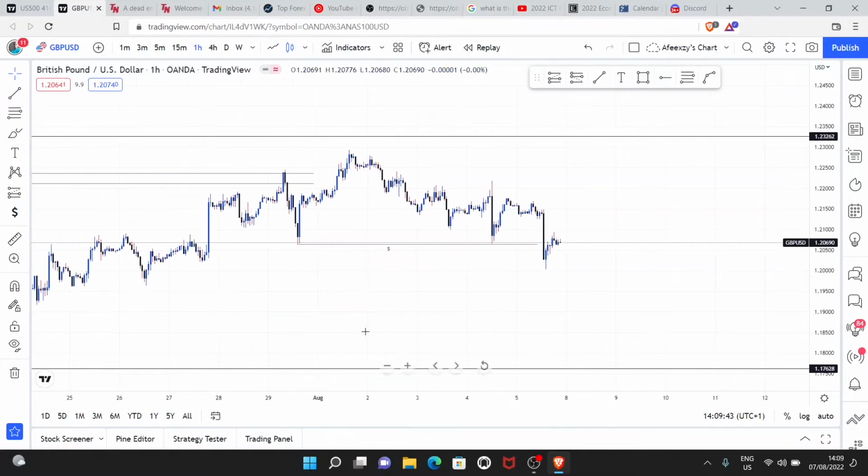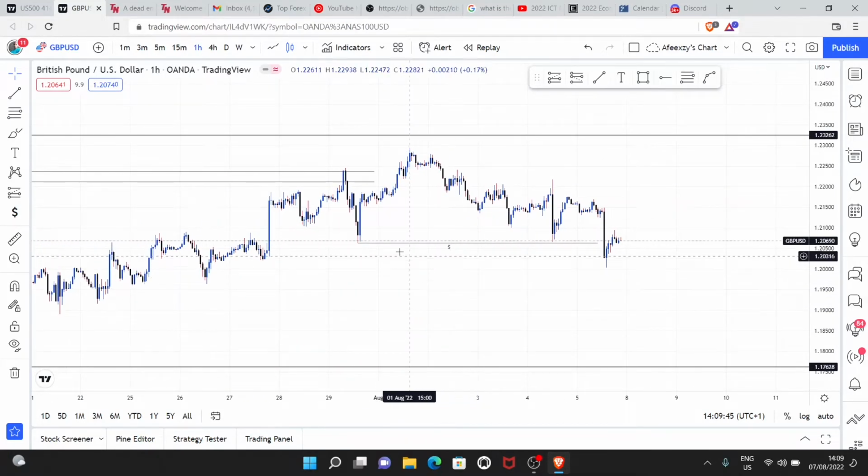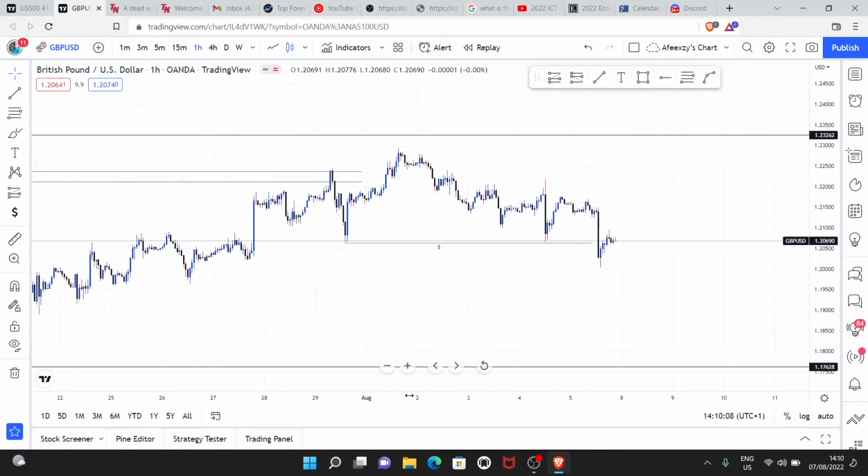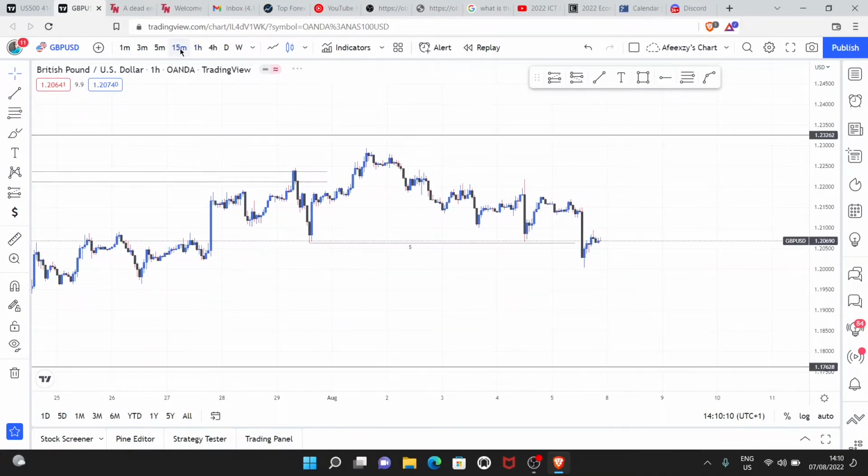On our 1-hour time frame, we can see that this is our swing high, this is our swing low, this buy side liquidity zone, sell side liquidity zone, and relative equal lows here. Then we can see a nice reaction from here. That is from our 1-hour perspective down to our 15-minute time frame.